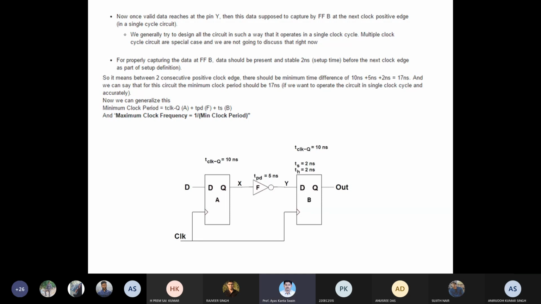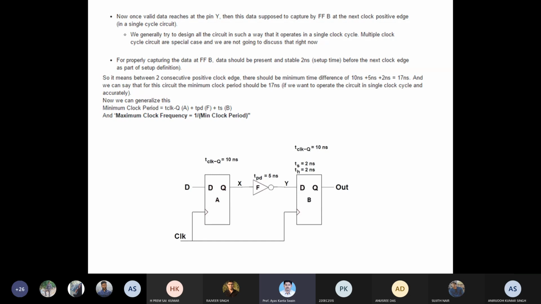Here, how to find it out is not that important, but you should always remember that when you are approaching the second flip-flop, the data must be stable, or it must reach the second flip-flop, before the setup time of the clock triggering, or clock edge happens.